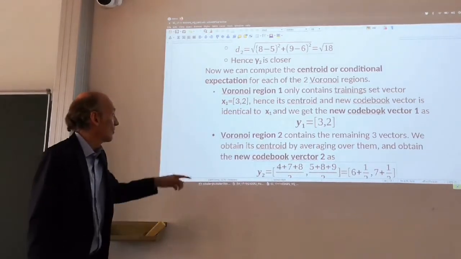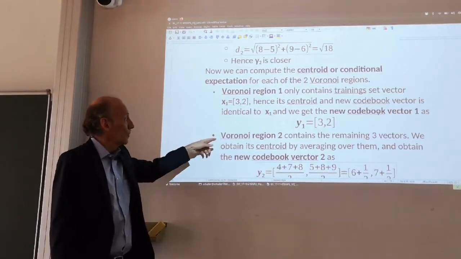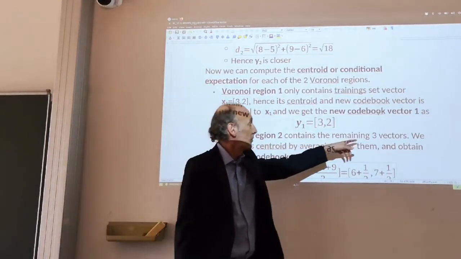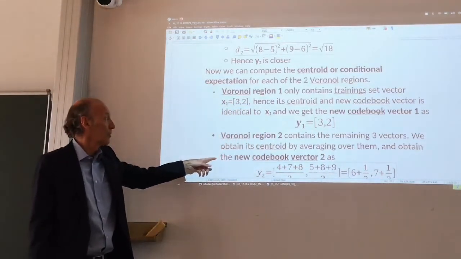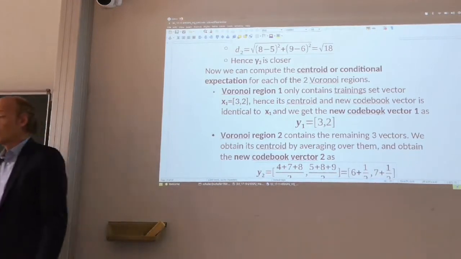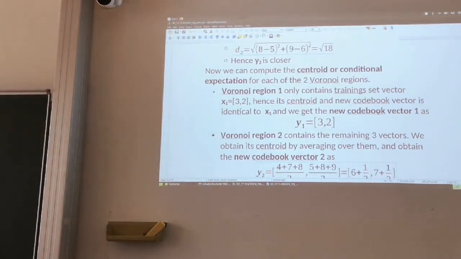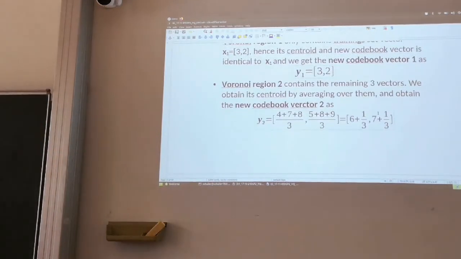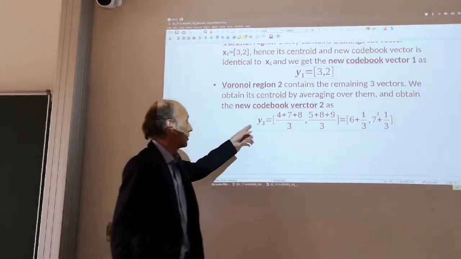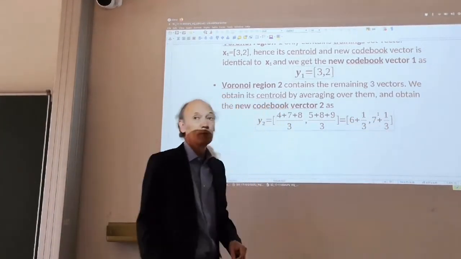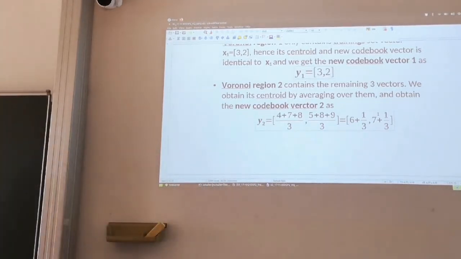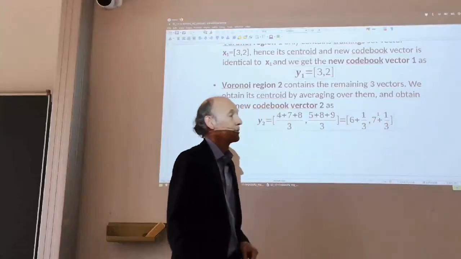So for Voronoi region 2, we have the remaining three vectors, and we obtain the new codebook vector 2 by averaging over them. So we get 6 plus 1/3 and 7 plus 1/3.